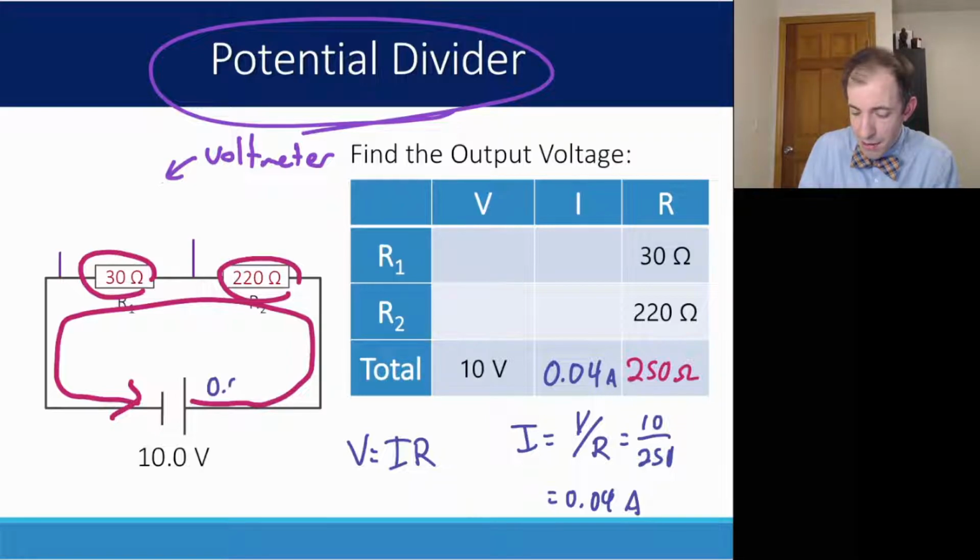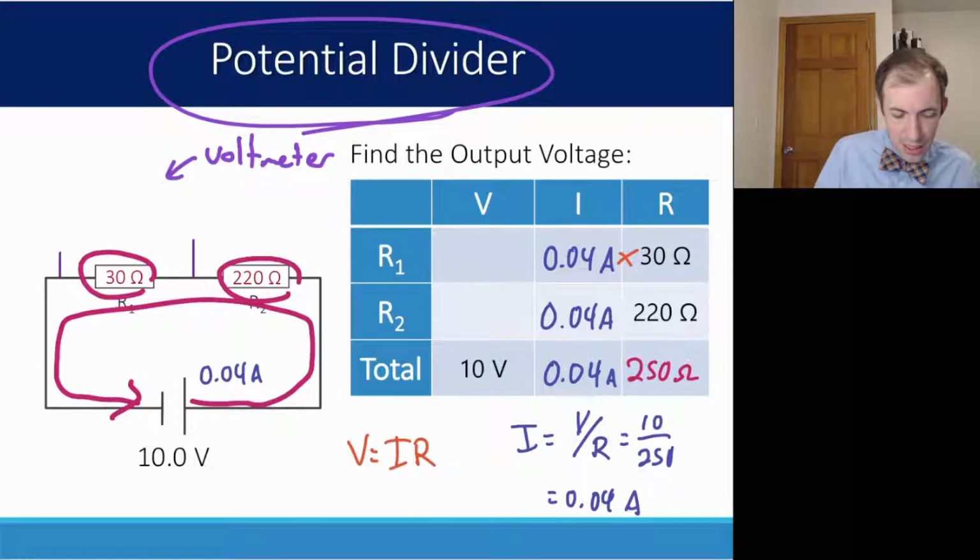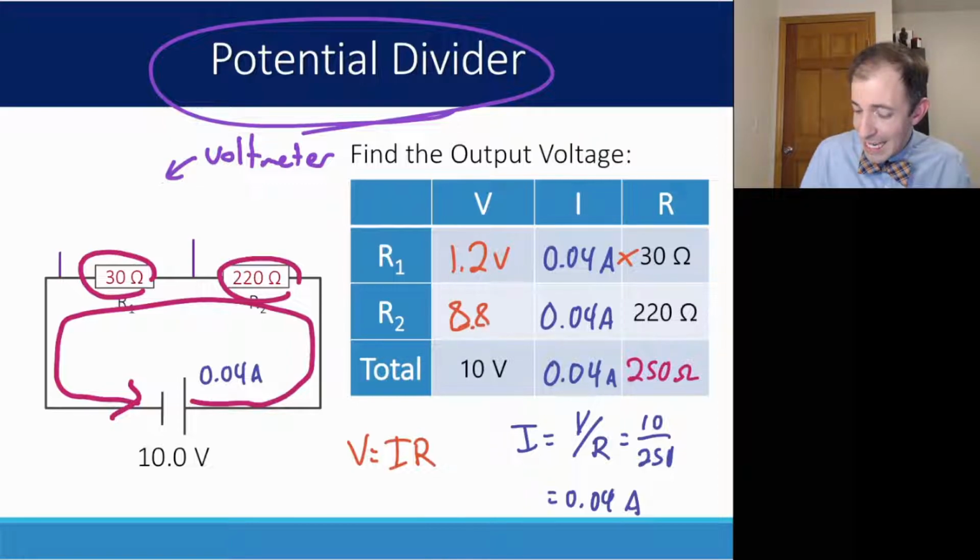So it's the current coming out of the battery, but that current doesn't change as it goes through this whole thing. It doesn't split anywhere. There's no junctions, which means that every resistor along here is getting that same current, 0.04 amps. Then we can use this same Ohm's law to calculate the voltage. Voltage is just current times resistance. Well, current times resistance, 0.04 times 30, is 1.2 volts. 0.04 times 220 is 8.8 volts.